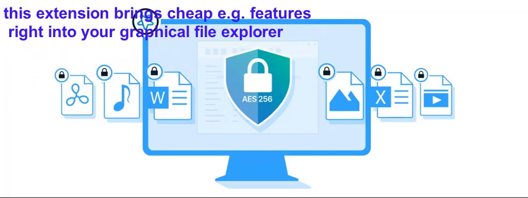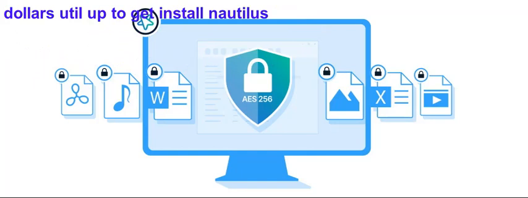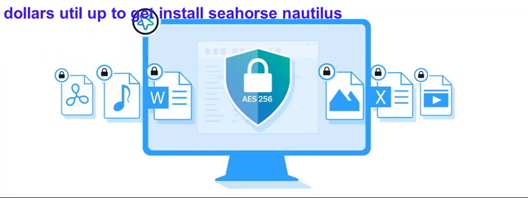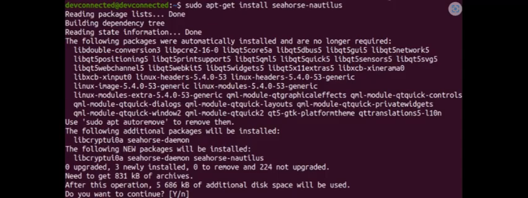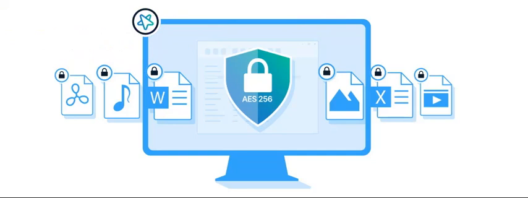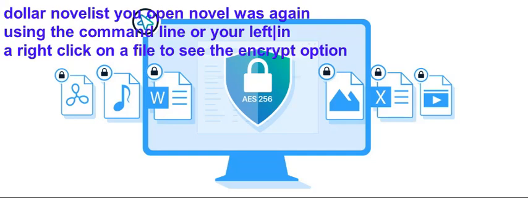This extension brings GPG features right into your graphical file explorer. sudo apt-get install nautilus, sudo apt-get install seahorse-nautilus. When you are done, restart Nautilus by using the nautilus command with the -q option for quit. nautilus -q. Open Nautilus again, using the command line or your left vertical bar, and right-click on a file to see the Encrypt option.